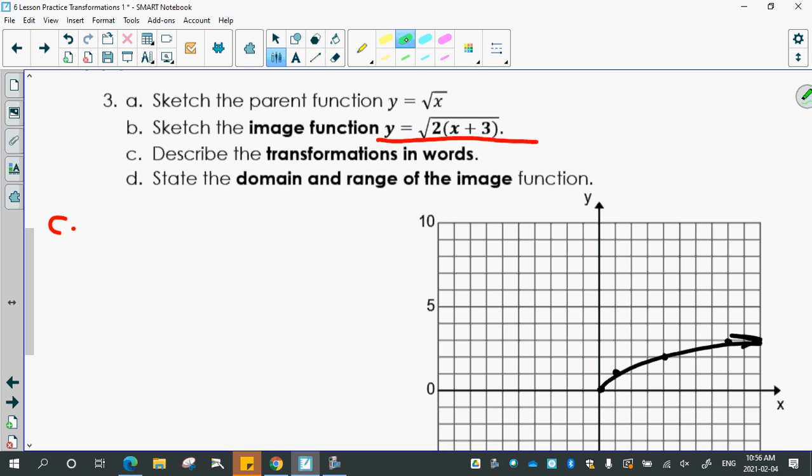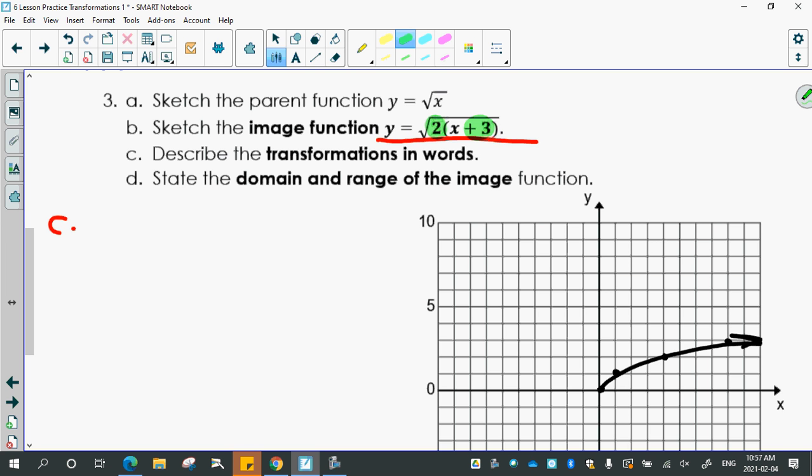Horizontal ones happen under or with the x, so under the square root sign with the x. So this is a horizontal transformation, and so is this. They're both under the square root sign with the x, which makes them horizontal. Okay? So that color coding can really help you when there's vertical ones going on and horizontal ones going on. Okay, I was using yellow highlighter for vertical and green highlighter for horizontal.